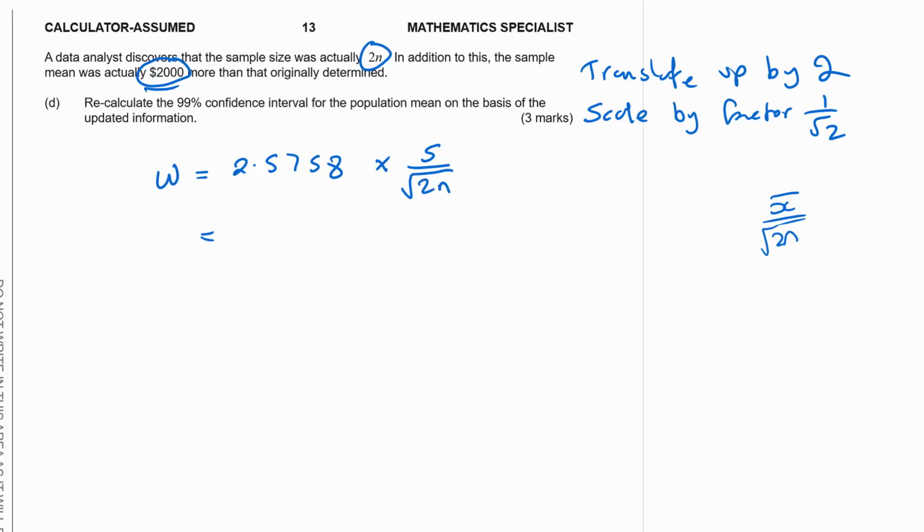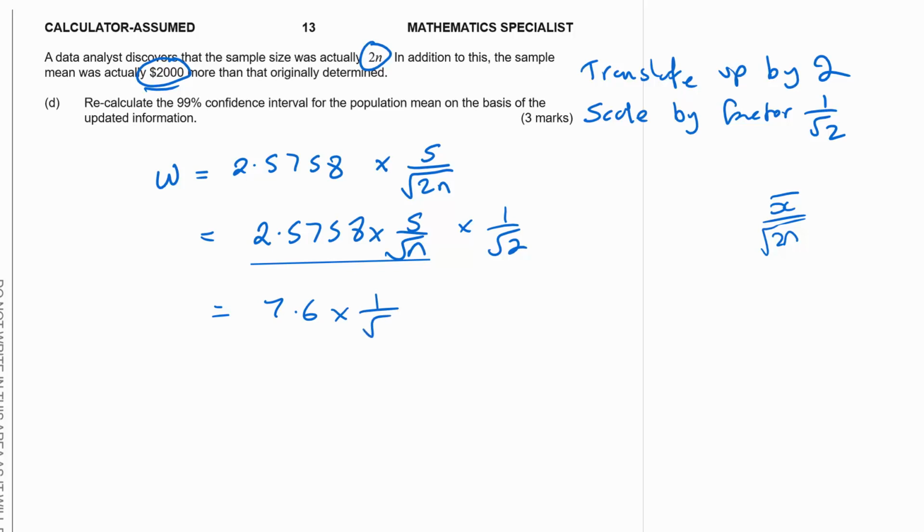So that is equal to 2.5758 times S over root n multiplied by the 1 over root 2. And this is the value that we had before. So that's 7.6 times 1 over root 2, giving us 5.37.